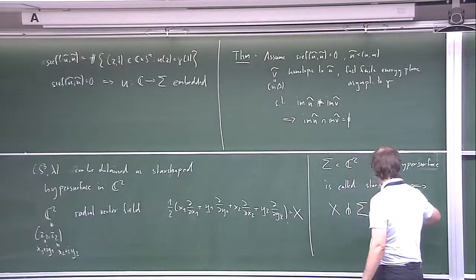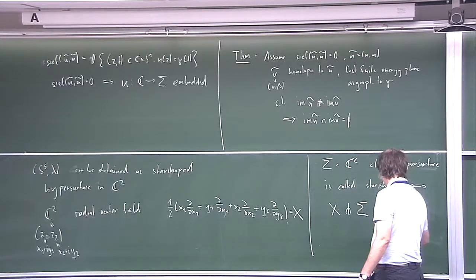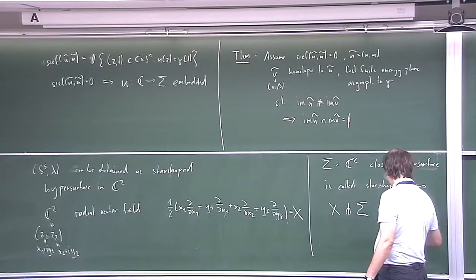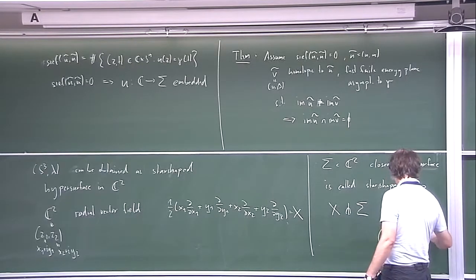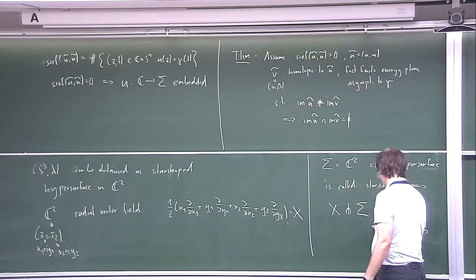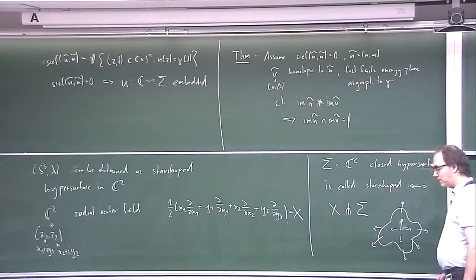It looks like this: we have here the radial vector field, and that's star-shaped.